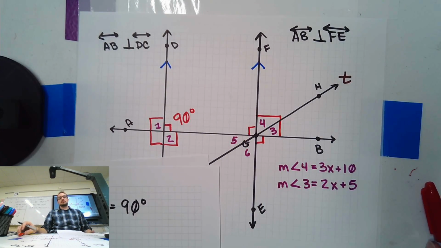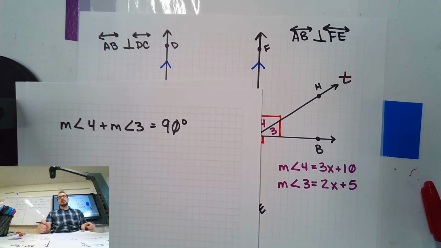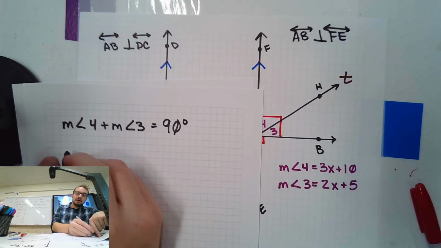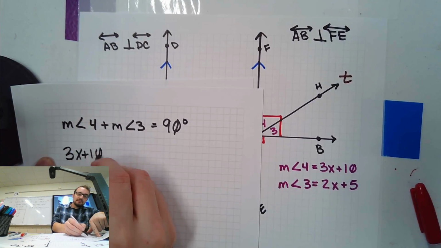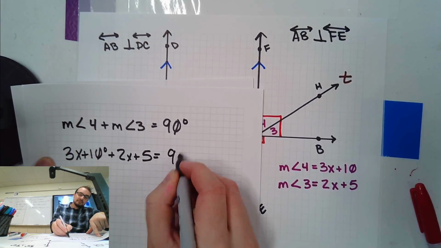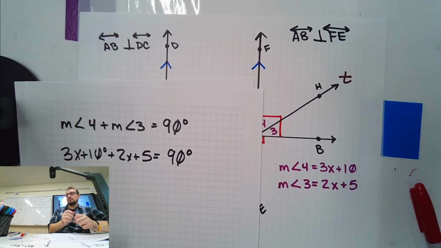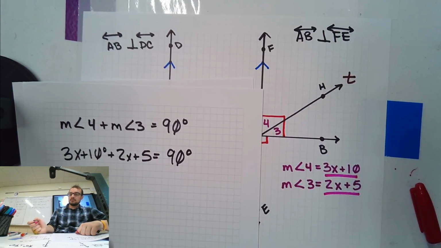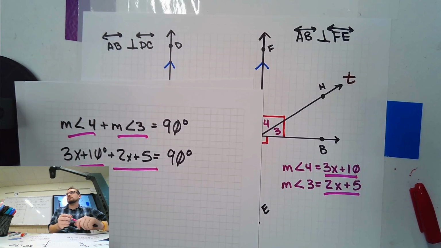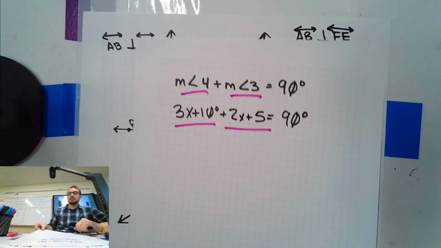Cool? So if I know 4 and 3 add up to 90, and I know this is what 4 and 3 are, don't I know that 3x plus 10 plus 2x plus 5 equals 90? Right? From earlier. That's what 4 and 3 are. Switch them out. Now we can solve for x.